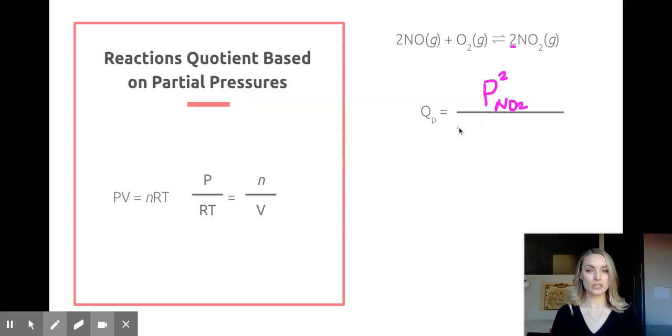And then in our denominator, we've got the partial pressure of NO gas, also squared because of that coefficient, times the partial pressure of O2 gas. Not too complex, but a good thing to know, and it will be important in our next step when we actually work through the whole derivation.